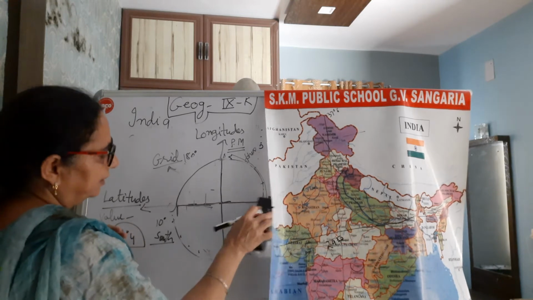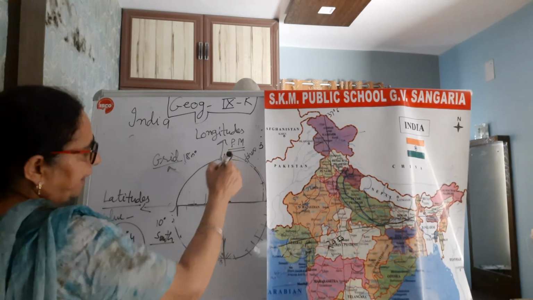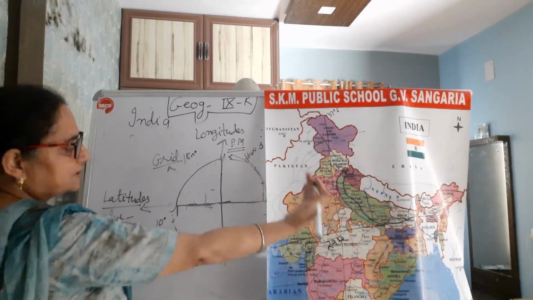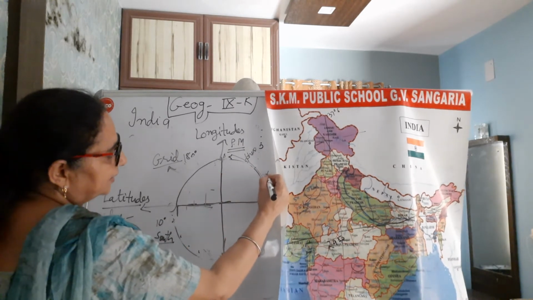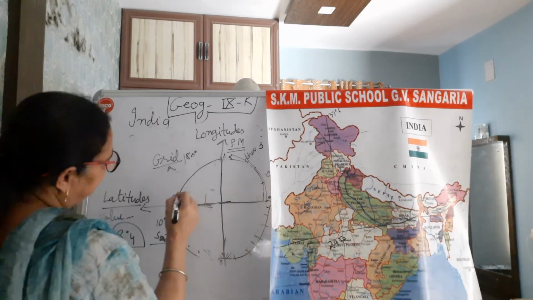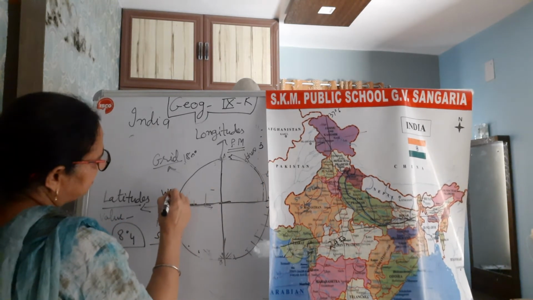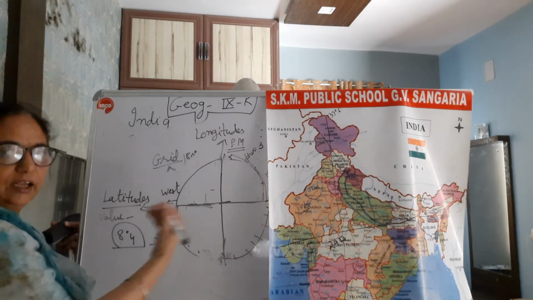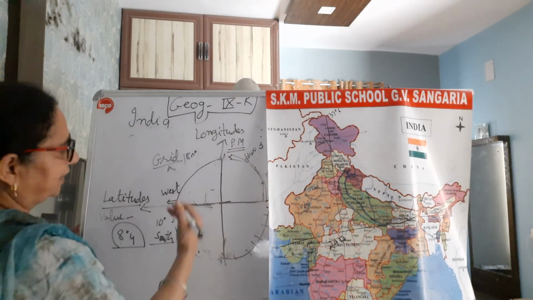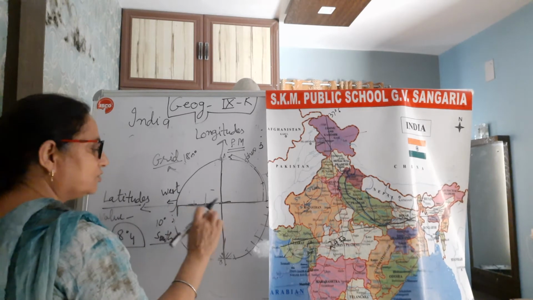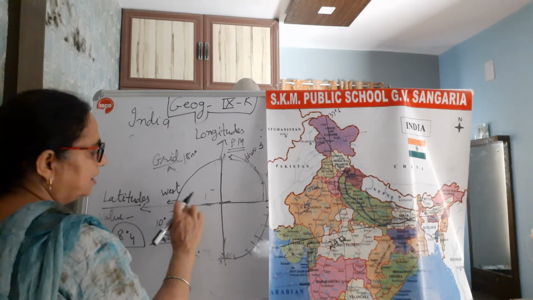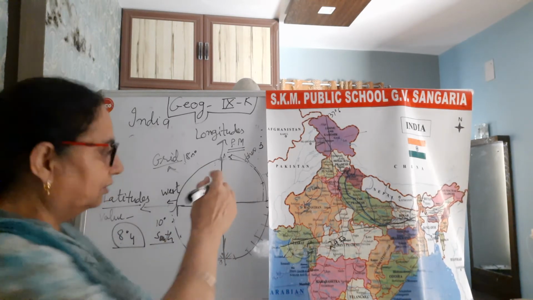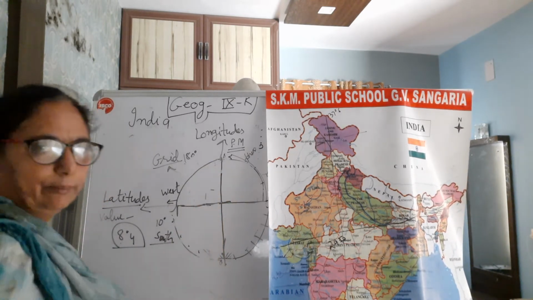northeast hemisphere, right? This line, the prime meridian, divides the earth into two equal halves. This half is known as east and this half is west, right? Our vertical line divides the earth into east and west, and latitude divides the whole earth into the northern hemisphere and southern hemisphere.